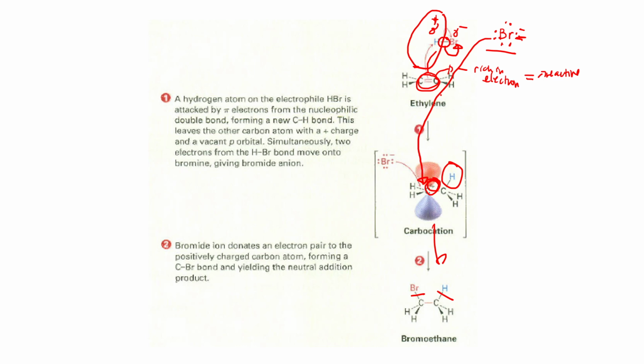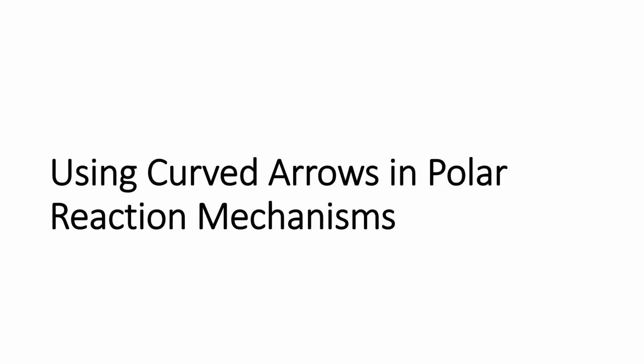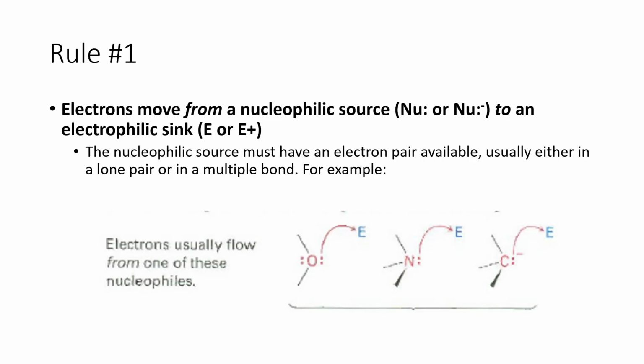If you want to hear the explanation again, I suggest you move back slightly in the video. Finally, we have using curved arrows in polar reaction mechanisms. The first rule is that electrons move from a nucleophilic source, a nucleophile, to an electrophile.